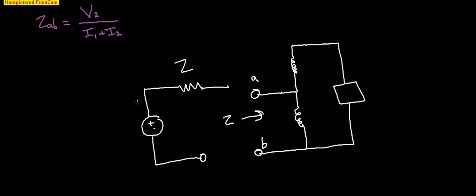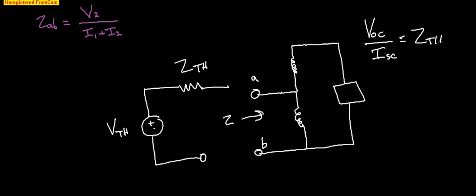This is Z. Just in terms of Thevenin equivalence, this should be V Thevenin and this should be Z Thevenin. How do we solve this if we're doing a typical Thevenin equivalent? We would say V open circuit divided by I short circuit should be equal to Z Thevenin, which is really our ZAB.